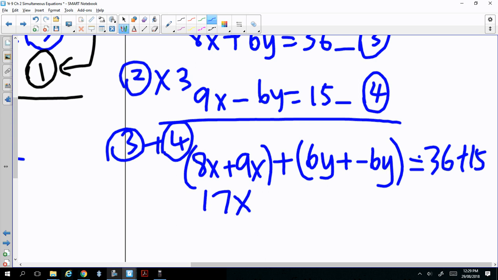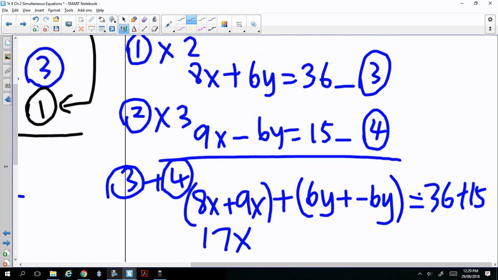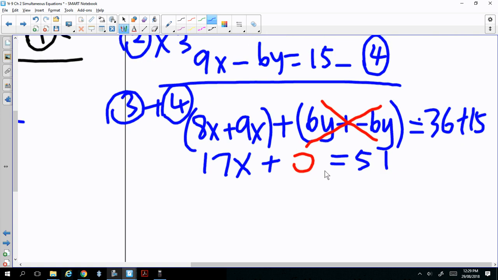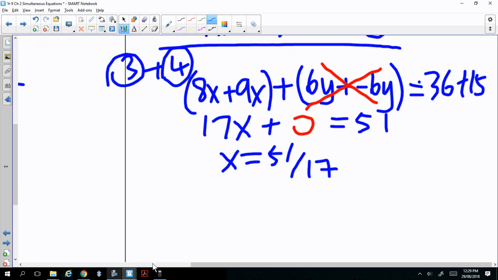Equals 36 plus 15, which is 51. So the y gets eliminated. You get x equal to 51 over 17. 51 divided by 17, you get 3. So x equal to 3.